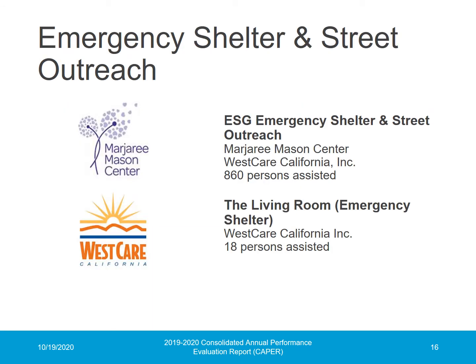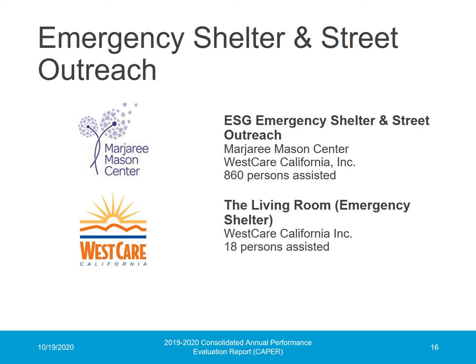Emergency shelter and street outreach services were provided through two funding sources, ESG and HOPWA. Marjorie Mason Center and WestCare provided 860 persons with overnight shelter or street outreach services during the program year combined.